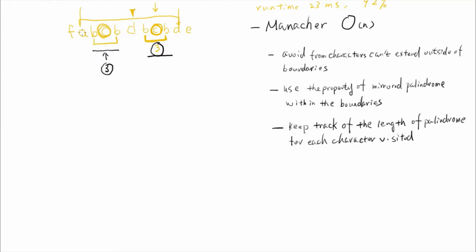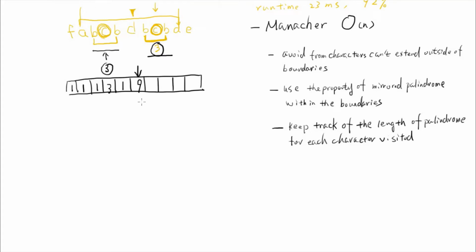So when we move from character to character along the string, we can keep track of the length of the palindrome for each character. Then we will use the value later for the new character we're visiting. In this example, A is 1, B is 1, C is 3, B is 1, and D is 9.